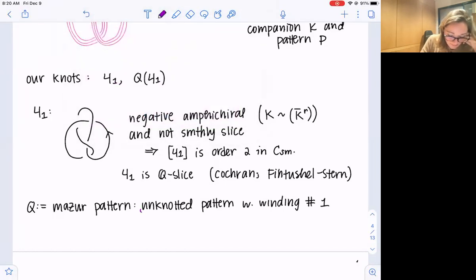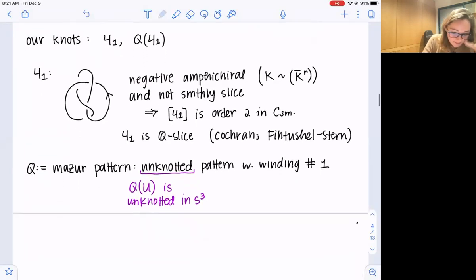So what does unknotted mean? This might not be a standard phrase, but what I mean when I say that a pattern is unknotted is that if I take the image of the unknot under this pattern, it gives me something that is unknotted in S^3. And what that would imply for us is the following.